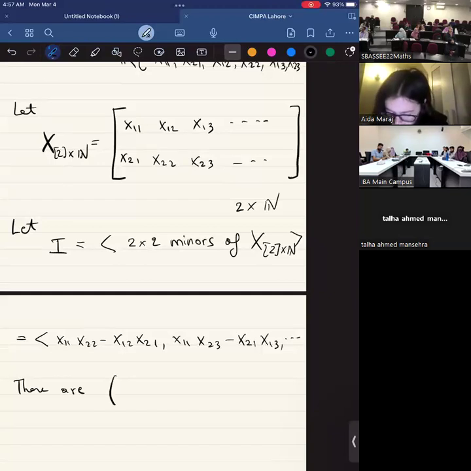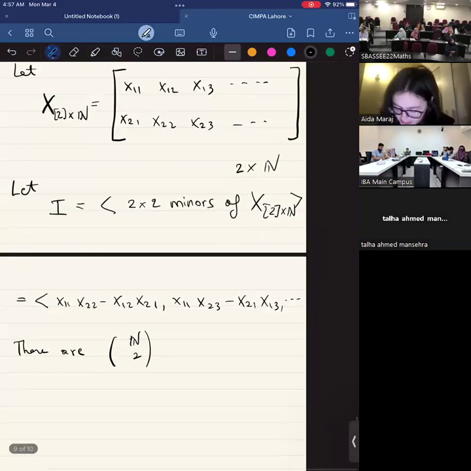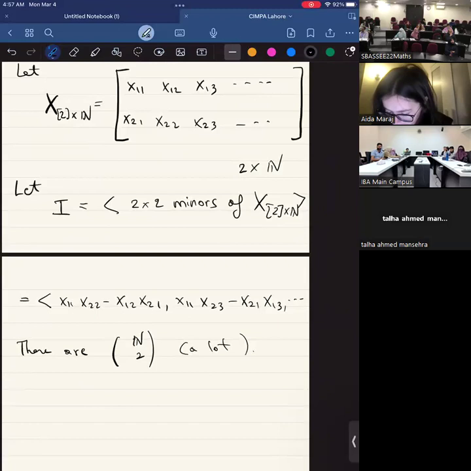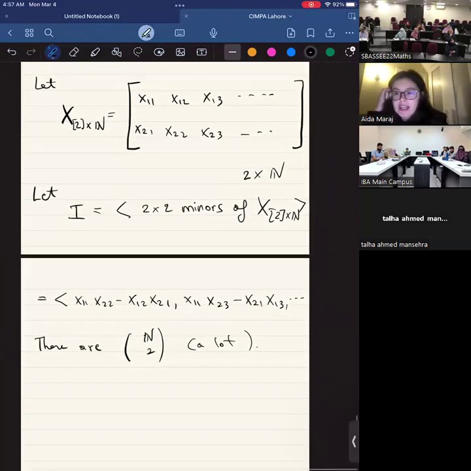So n choose 2 is infinity. So there are infinitely many generators. And in fact, this makes a Grobner basis. A lot of generators. However, we can, again, as before, apply a group action.